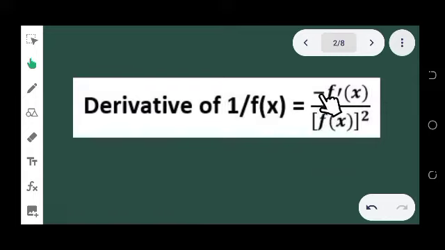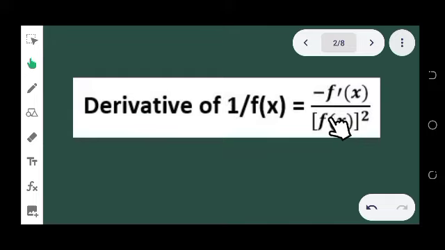So what we're doing here is we basically skip the long process of doing the derivative of a reciprocal using the quotient rule and go immediately to this one. But again, it's very important that you check it, or you can derive the formula yourself using the quotient rule.